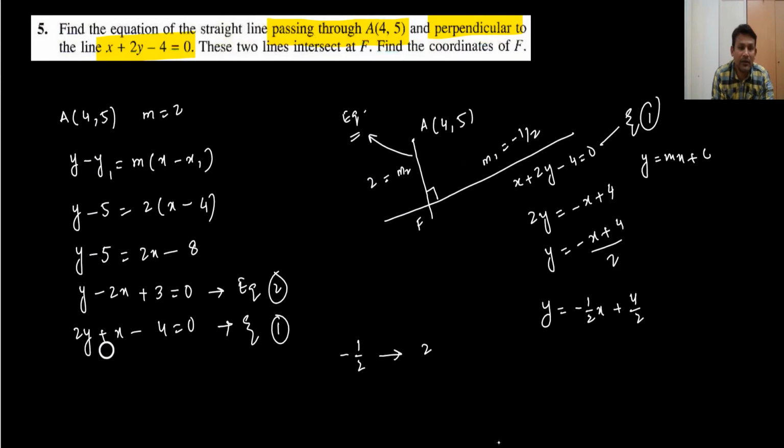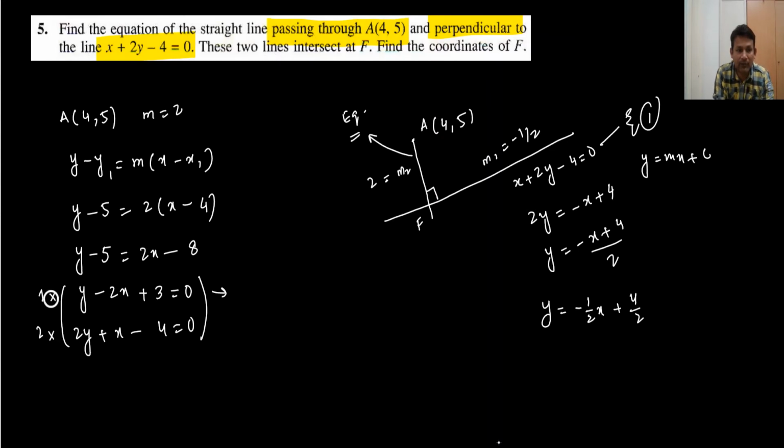Now, if you want to use the elimination method, you can multiply this equation by 1 and this equation by 2. What will happen? Let's see. This equation will remain the same when we multiply by 1: y minus 2x plus 3 equal to 0. This is called the elimination method for simultaneous equations.